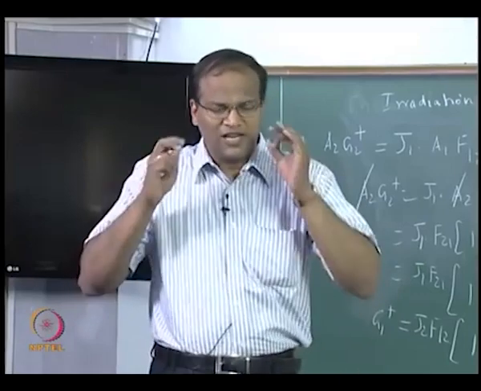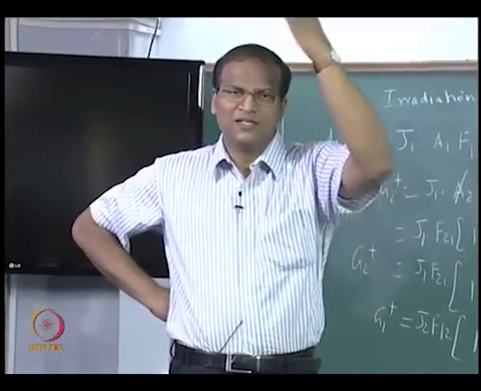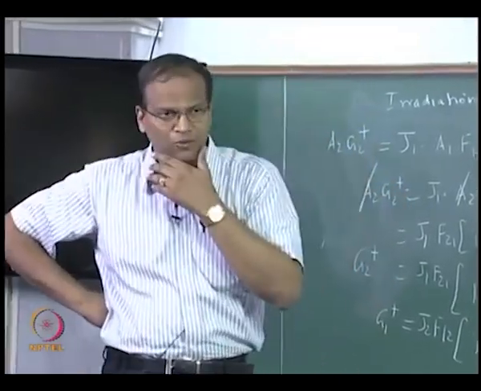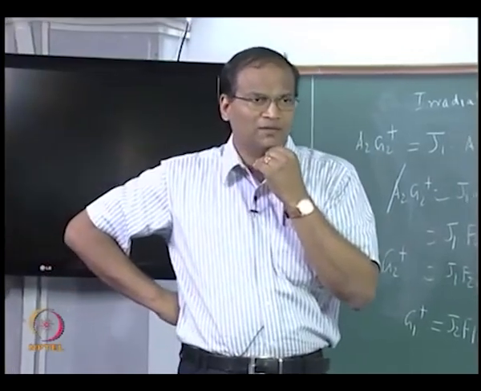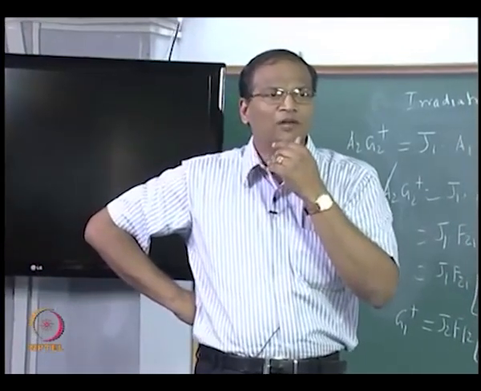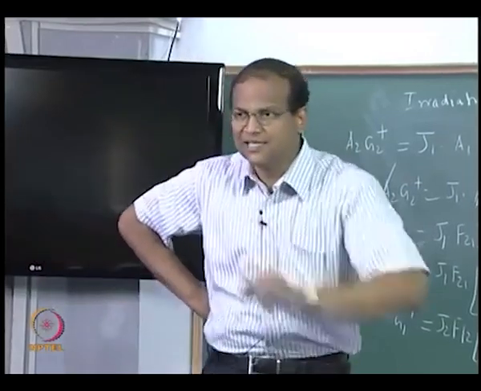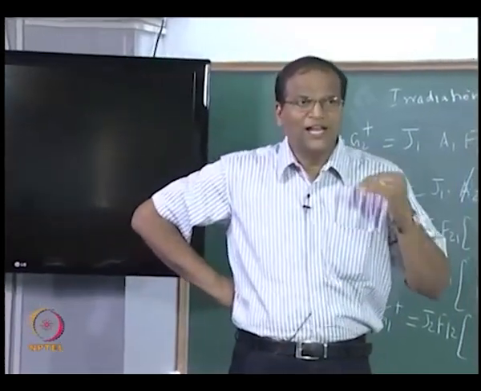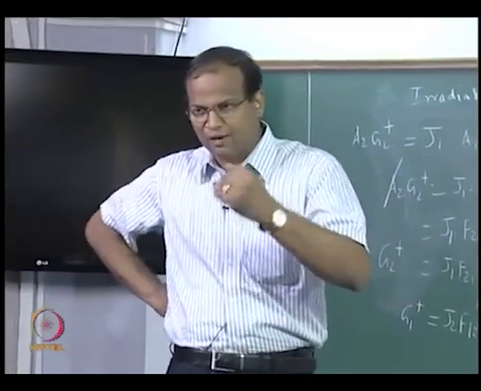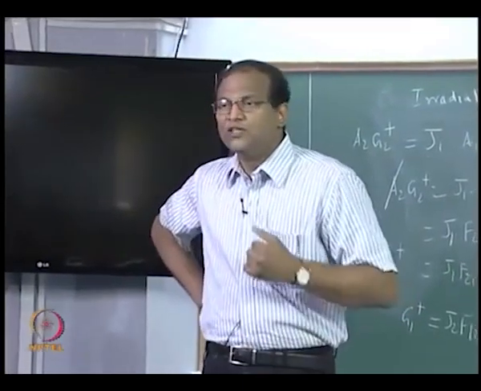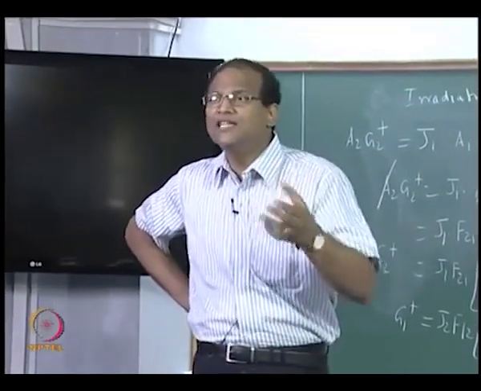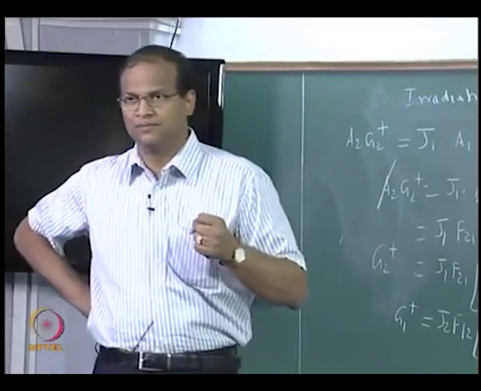For a two surface, watch carefully, for a two surface enclosure problem, please remember this parallel plate formula, the G1 will be J2 multiplied by the view factor Fij Jj. So now we are getting an expression where it is Fij Jj multiplied by some factor. So that factor can be deemed to be the transmittance of the gas.